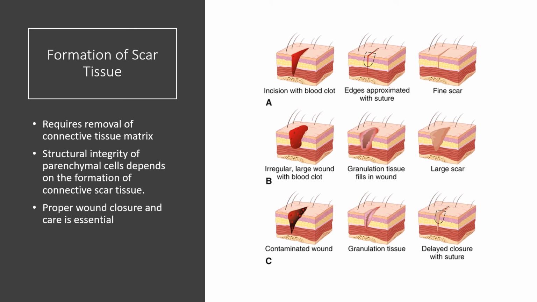Careful attention to hemostasis minimizes the deposition of blood into the wound, and proper sutures with appropriate tension from the orthopedic surgeon's behalf are key to limiting the appearance of the scar and also for allowing the tissue to heal properly. So let me focus your attention to the schematic now.